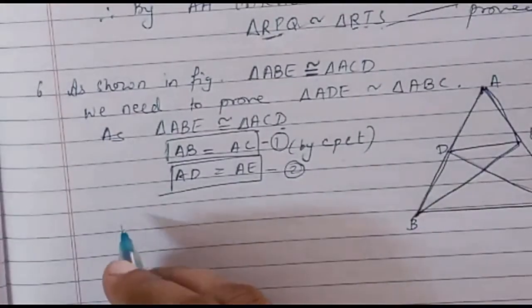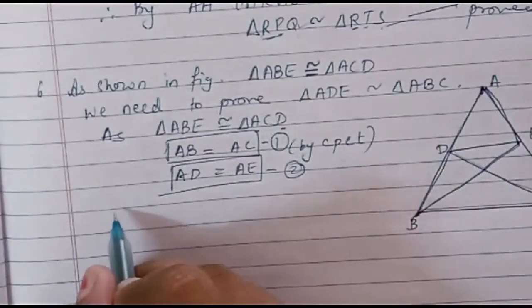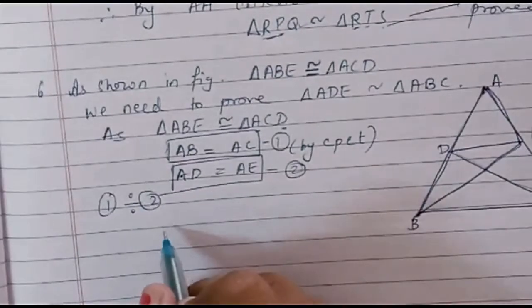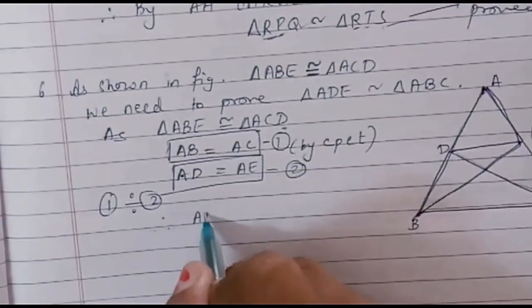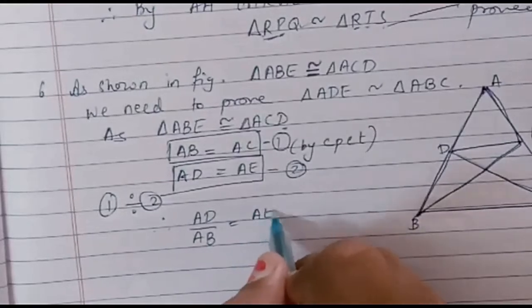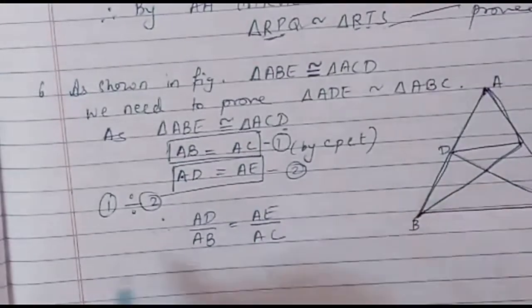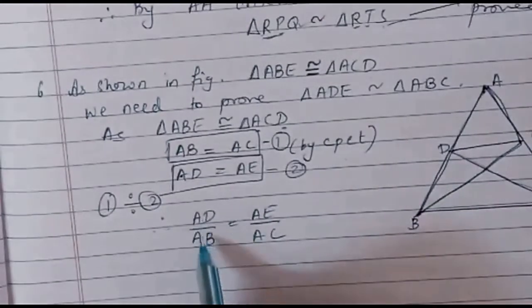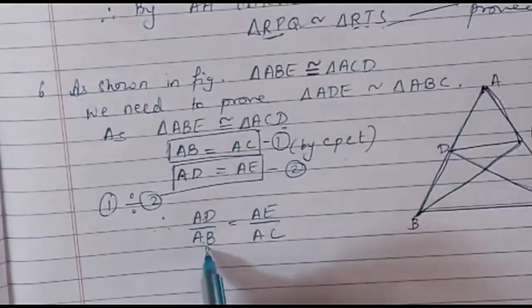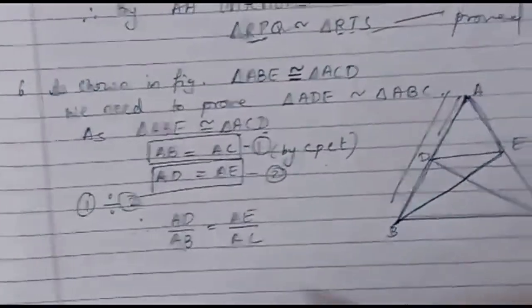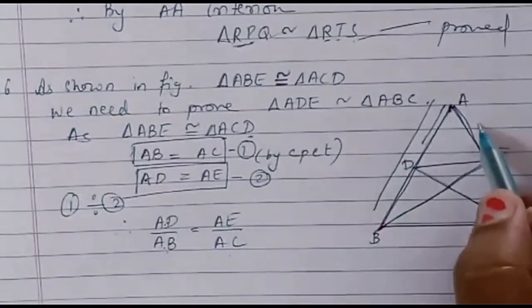Now let us divide result number 1 by 2, right? We will be getting AD upon AB is equal to AE upon AC, or you can divide 1 by 2 or 2 by 1 in any of the way, right? So you will get the ratio of AD is to AB is equal to AE is to AC.